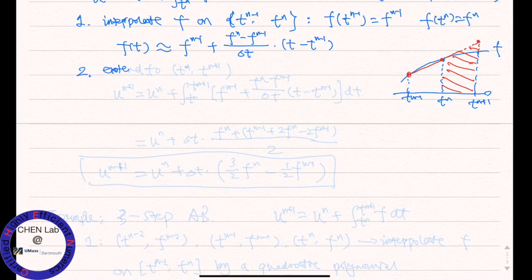Extend means that we are integrating from t_n to t_{n+1}, so we're integrating f on this interval. We don't really know what f is, because we don't know y, we don't know the u on that interval. But we have a representation for f, which was good up to t_n. When delta t is small, it will not be too bad after that, so we just extend it.